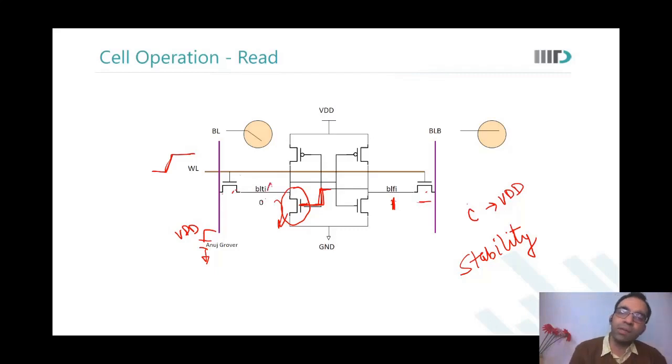Even if it had gone a little bit up, the NMOS is on, it will discharge. But when word line is on, there is a current coming from here also. And therefore, my stability is the least when the word line is on. That is where we will finally measure the noise margin of the memory cell.